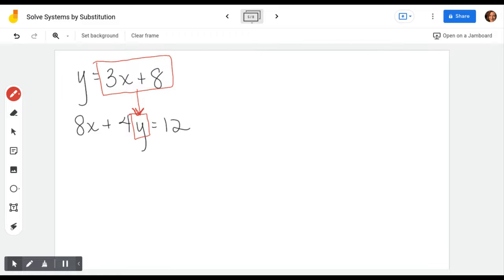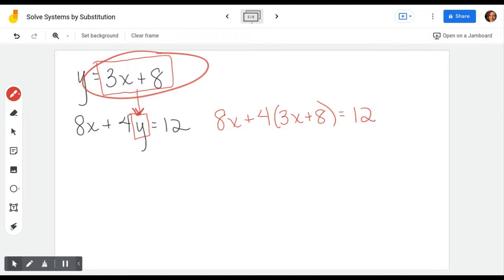So I'm going to rewrite that second equation. I'm going to say 8x plus, instead of 4y, it's 4 times this whole expression. So parentheses are important. I'm pulling out the y and I'm replacing it with 3x plus 8. And then it says equals 12.